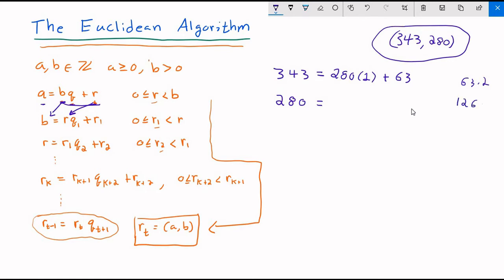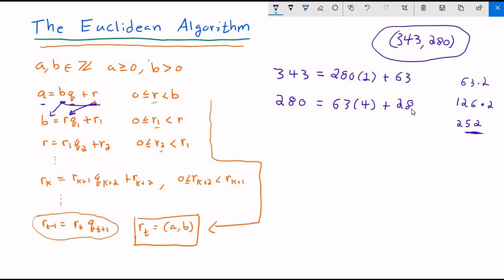And let's say we multiply that by 2, so that would be 4 times 63. That would give us 252. And if I tried to add one more 63 to that, I would definitely overshoot 280. So 63 is only going to go in here 4 times, which gives us the number 252. And how much is left over? 28.